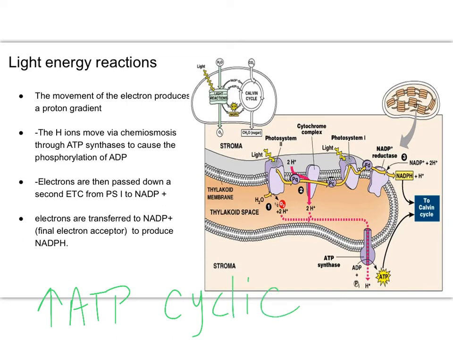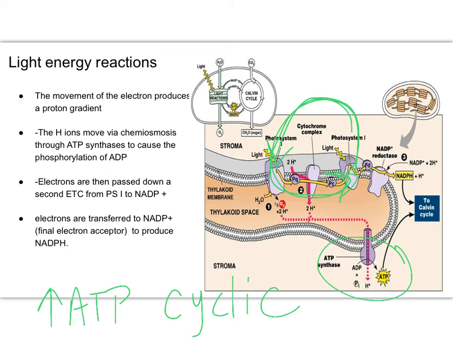And when they do this cyclic flow, the electrons, instead of going from photosystem 2 to photosystem 1 to NADPH, will go from photosystem 2 to photosystem 1 and then circle back to photosystem 2. That way they just keep flowing through this section right here. And this section from photosystem 2 to 1 is the one that helps make the ATP.